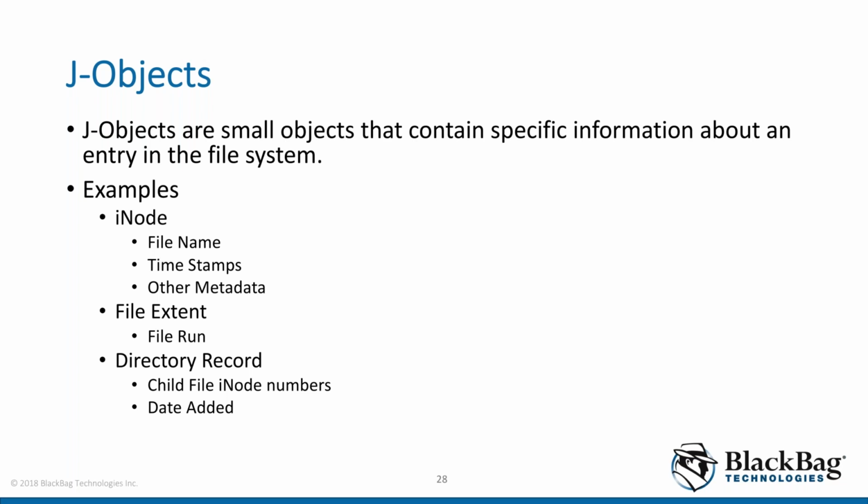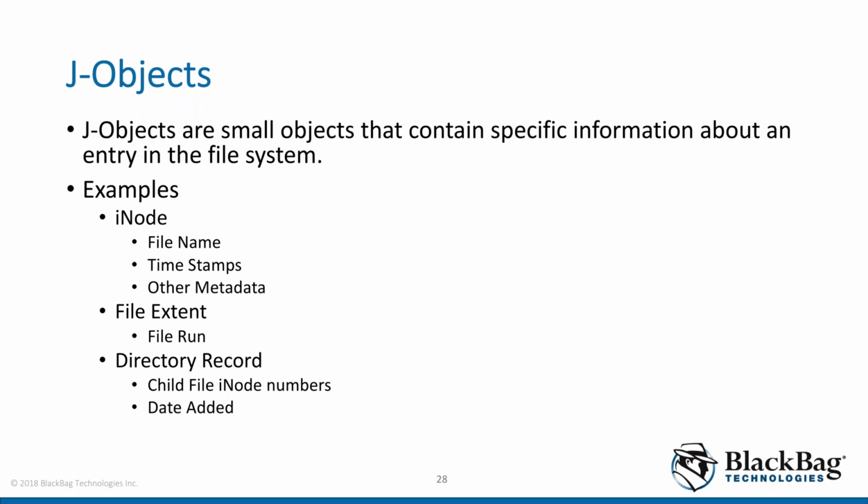For example, for every file in the file system, there'll be a J object somewhere that gives you the inode information, which will be the file's name and its create, write, modified timestamps, and all the other associated metadata that you're used to, such as user ID, group ID, et cetera. For every file extent, being a run on disk starting at this block and going for this number of blocks, there'll be a separate J object.